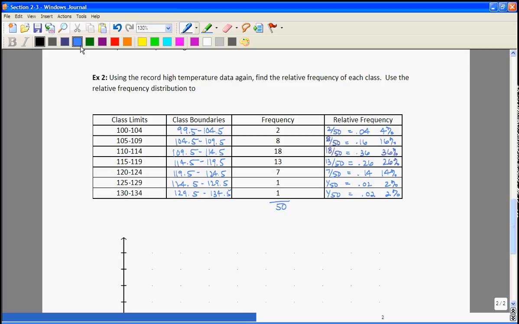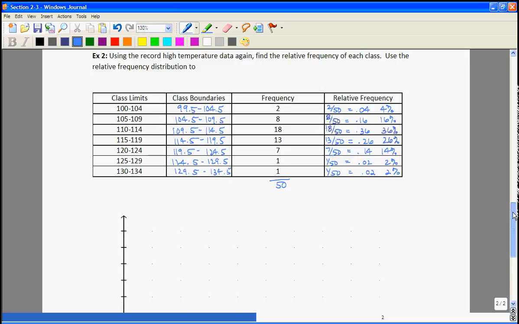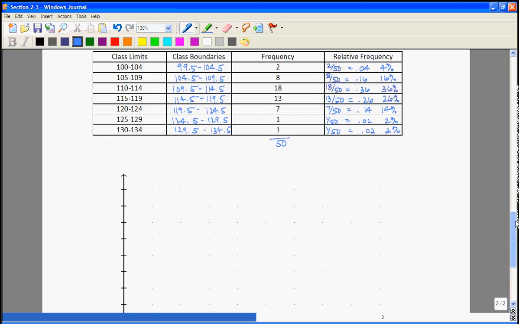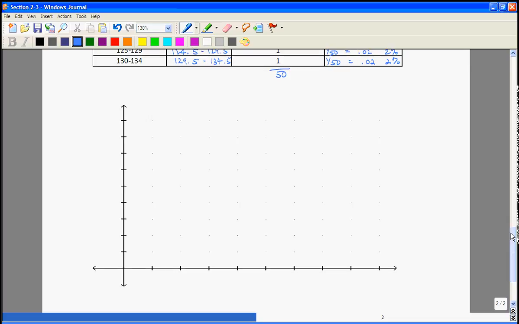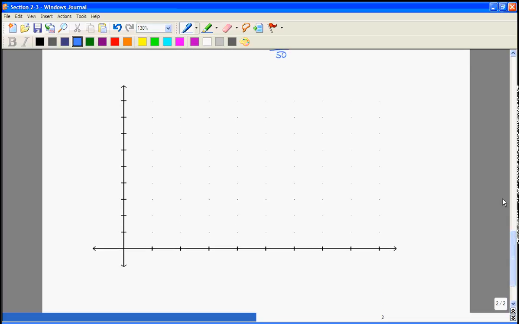go ahead and graph a histogram. It's kind of missing from my directions here, but again, we want to label our axes. So for the horizontal axis, we'll have the same labels, starting at 99.5, 104.5, and so on, finishing with 134.5, and again we'll call this temperature.